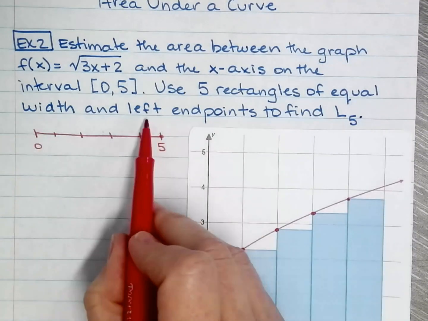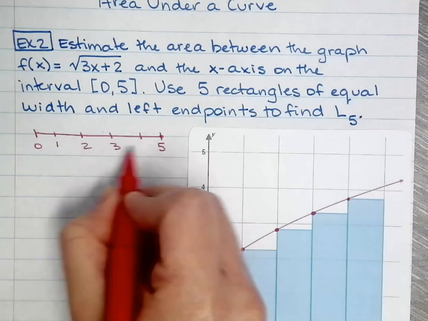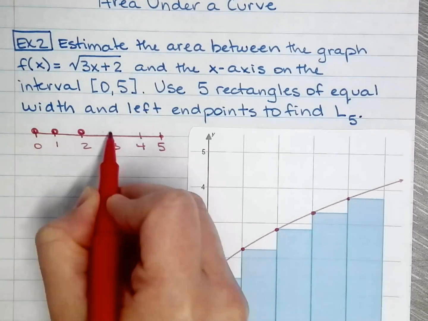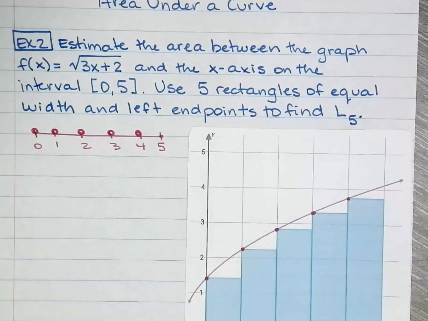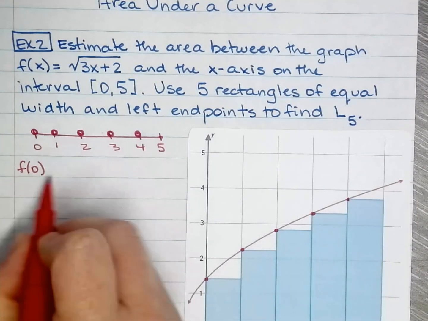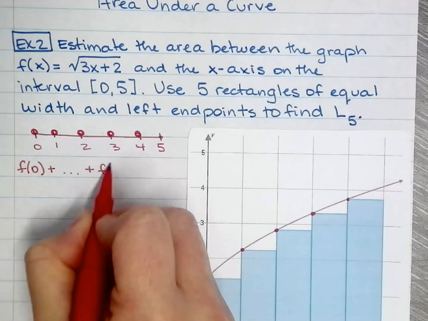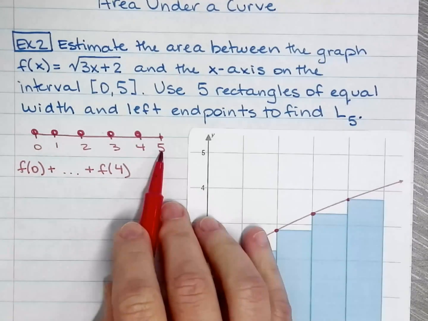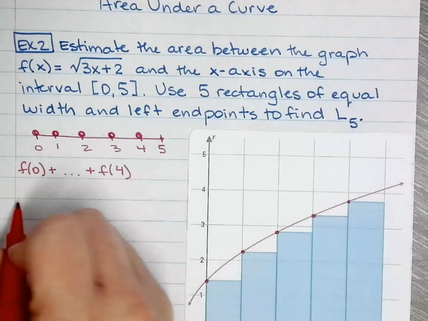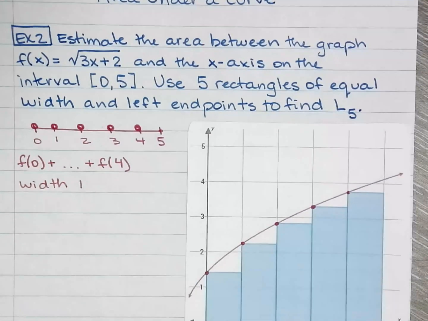And then you have to use the left endpoints. So between those rectangles, you're going to use 1, 2, 3, 4, 5 endpoints. So just as a reminder, you're going to use anything between f of 0 and f of 4, not f of 5. Okay, it just turned out that, again, the width will be 1, which is also really nice when that happens.